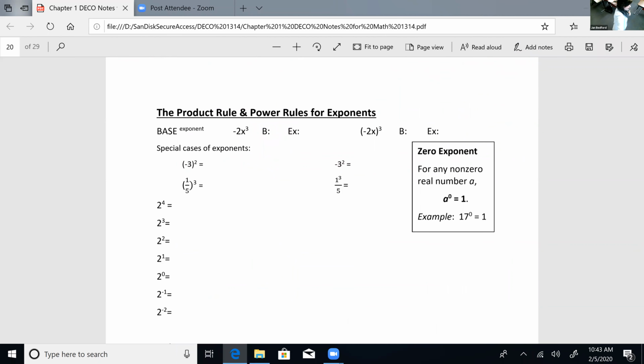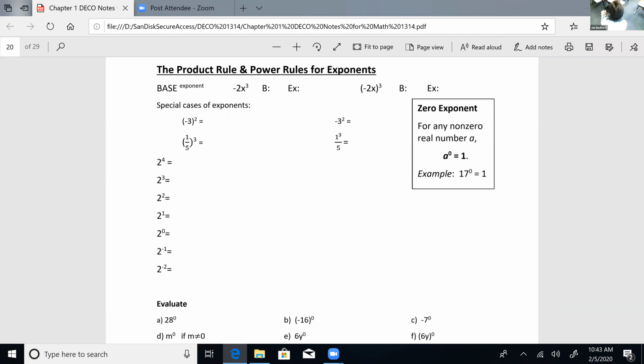Now, we already talked about what any number raised to the 0 power equals. It's 1.